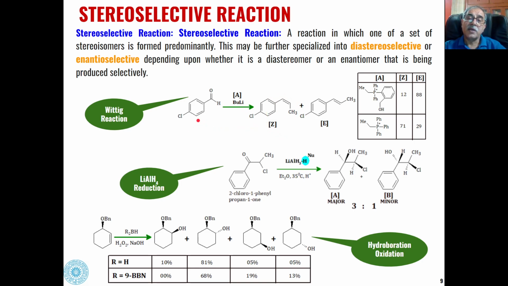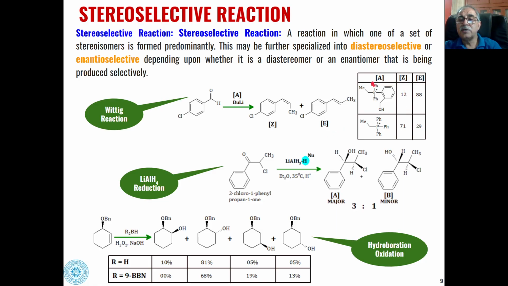So when parachlorobenzaldehyde was reacted with these two Wittig reagents in the presence of butyl lithium, this part adds to the carbonyl system to give these types of alkenes. You can see that there is the possibility of formation of two stereoisomers of this alkene, either Z or E.